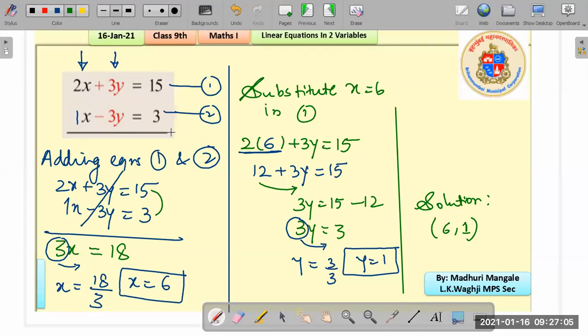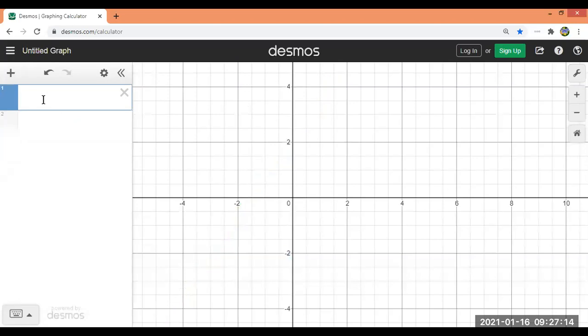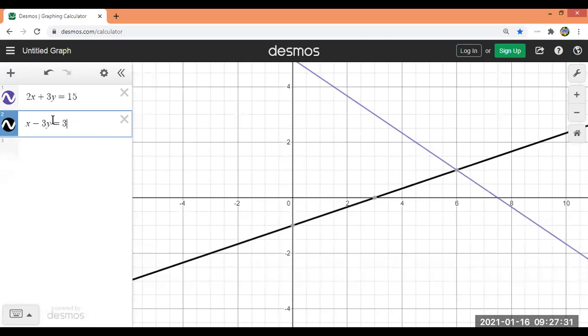Let me quickly share my screen and let us look at the Desmos graphing calculator. Here we will enter both the equations. The first equation was 2x plus 3y equals 15. And the second equation was x minus 3y equals 3.